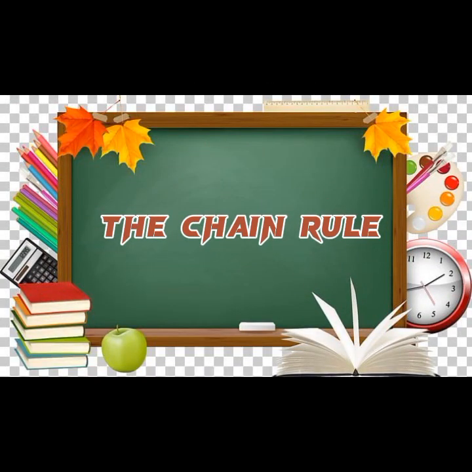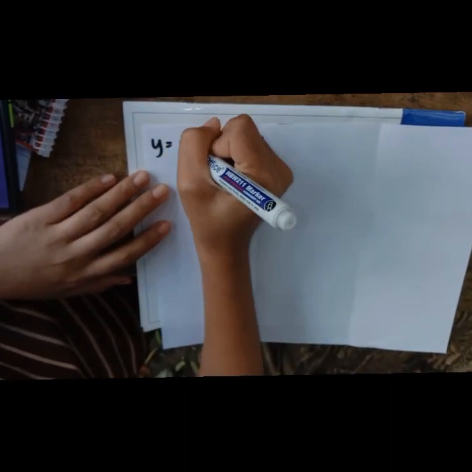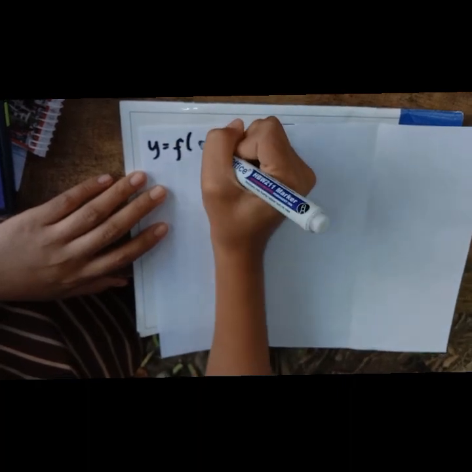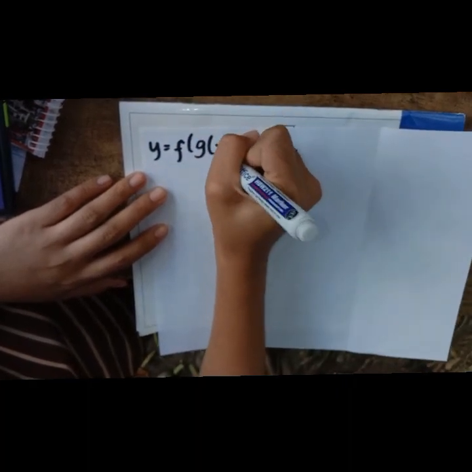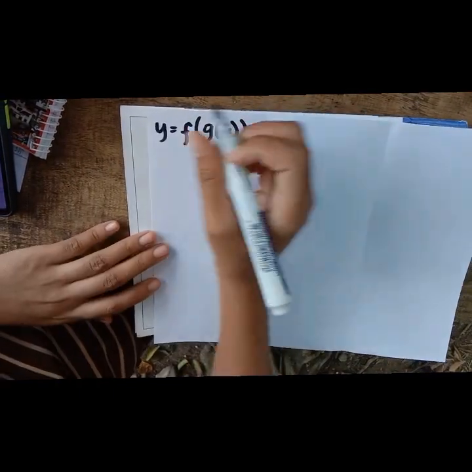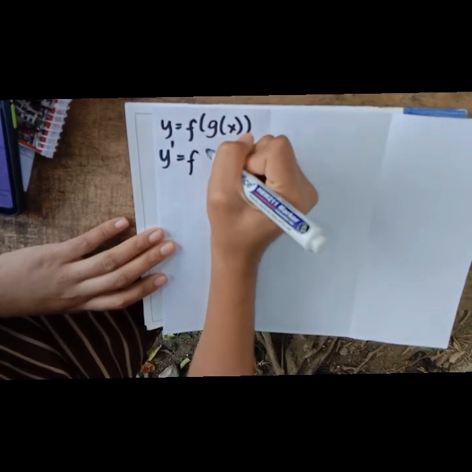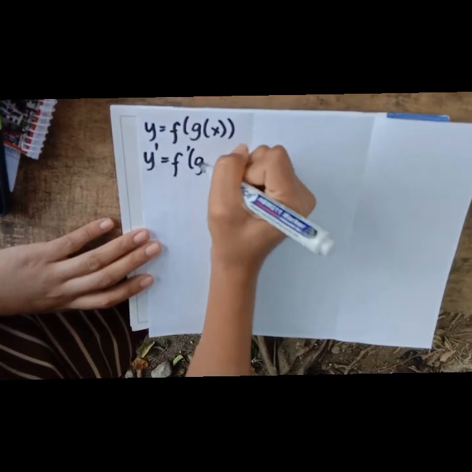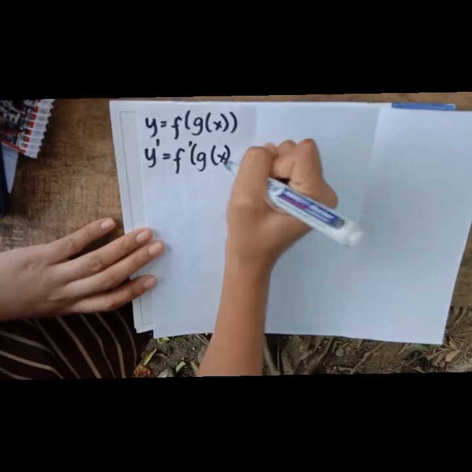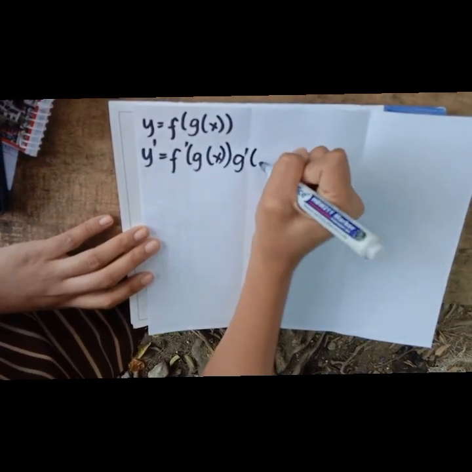Next is the chain rule. For the chain rule, let us follow the formula. y is equal to f of g of x that has the derivative given by y prime is equal to f prime of g of x times g prime of x.